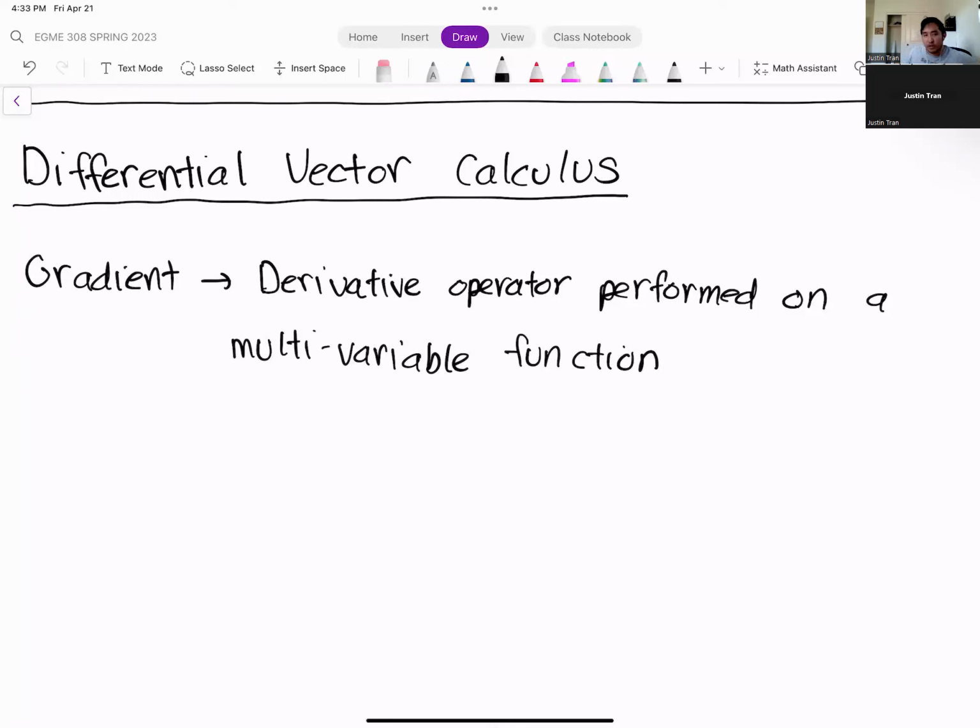In particular, what the gradient will do is that for each independent variable in your function, and for a lot of field stuff, we have functions of x, y, and z, you're going to take a partial derivative of that function in each direction.